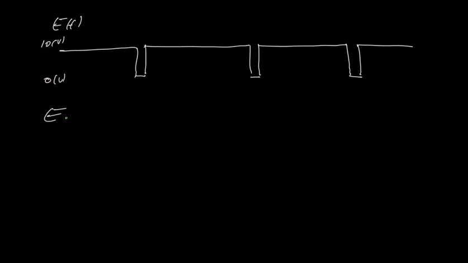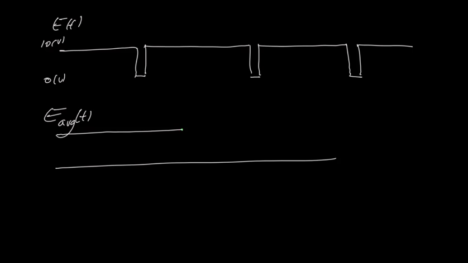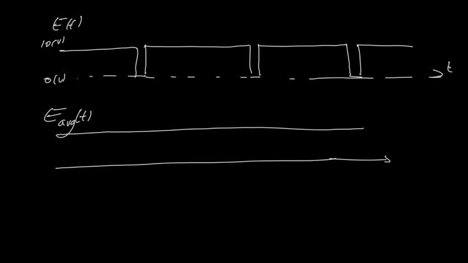If we average this E of t, it's going to be a fairly high voltage, fairly close to 10 volts. This is the time, and also this is the time. So if we take this signal and average it, most of the time it is pretty much high, fairly close to 10 volts, almost 10 volts. These dips will reduce the average a little bit, but so little that it's practically, maybe, 9.7, 9.8 volts. That's it.